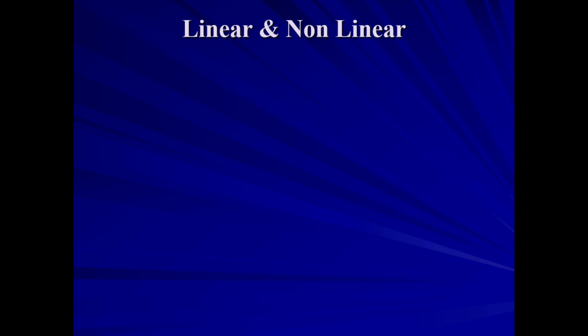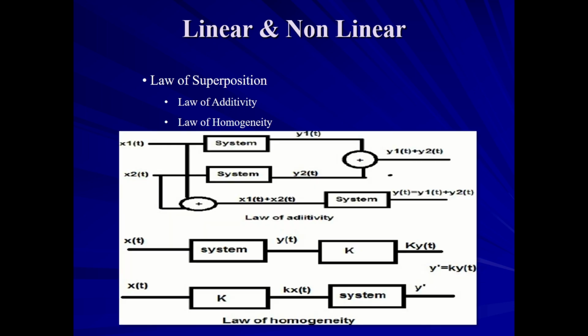Now let's discuss classification of system. First, linear and non-linear. A linear system obeys the law of superposition, which includes the law of additivity and the law of homogeneity. The figure represents the law of superposition, where x1 of t and x2 of t, applied to the system individually, give outputs y1 of t and y2 of t.